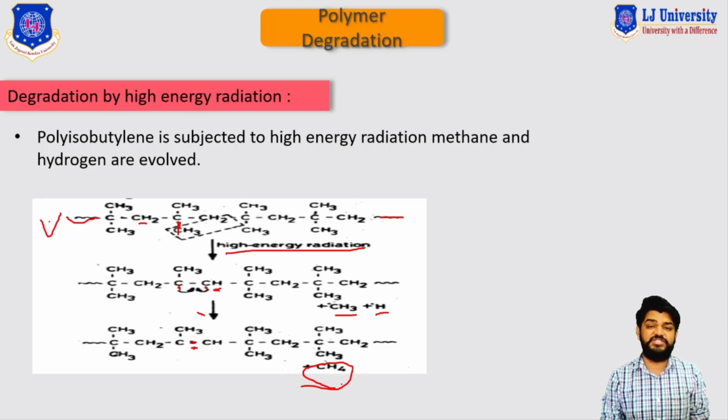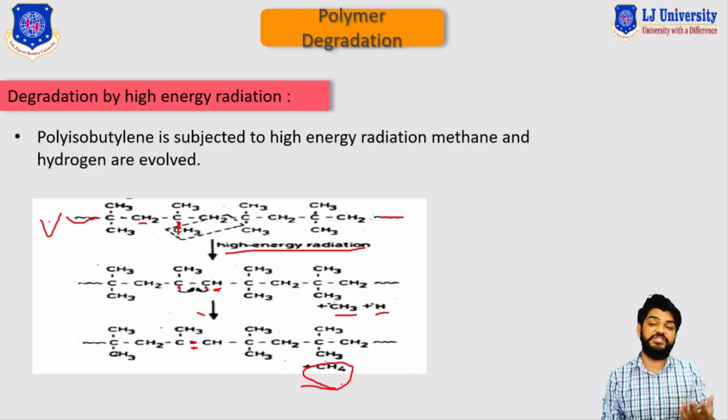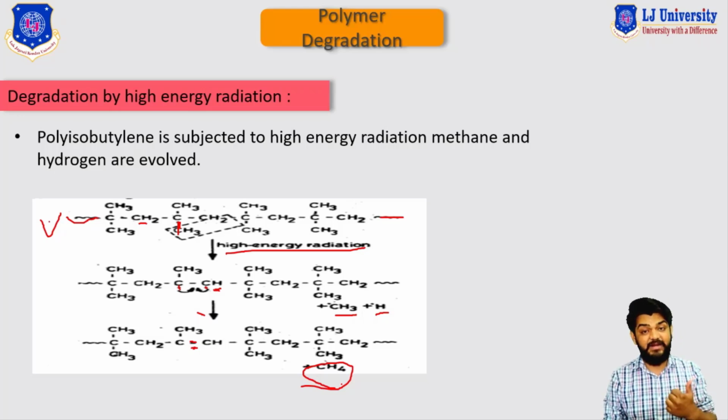These questions are again very important to explain polymer degradation by high energy radiation. And this concludes the chapter on polymer degradation. In this chapter, we have understood different types of degradation, right? We have understood what we mean by random degradation and chain end degradation in the first video. That is again a very important question for the GTU exams.